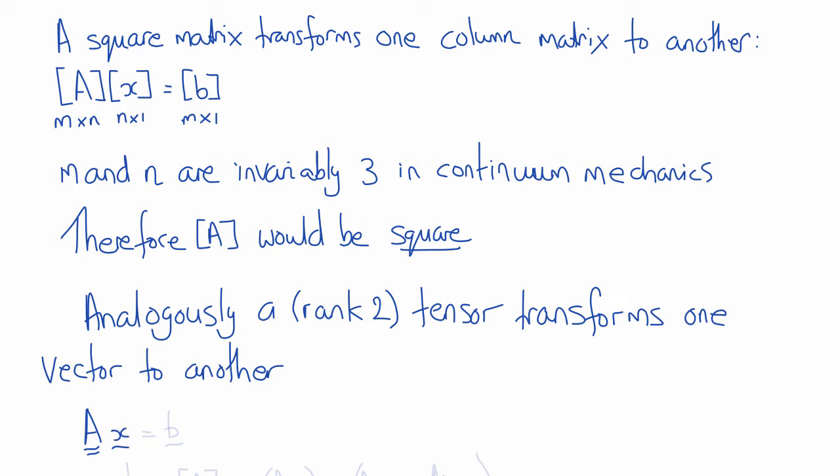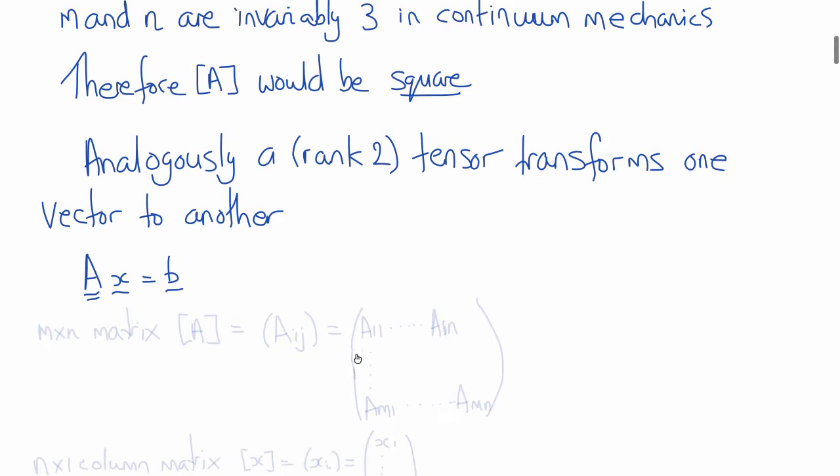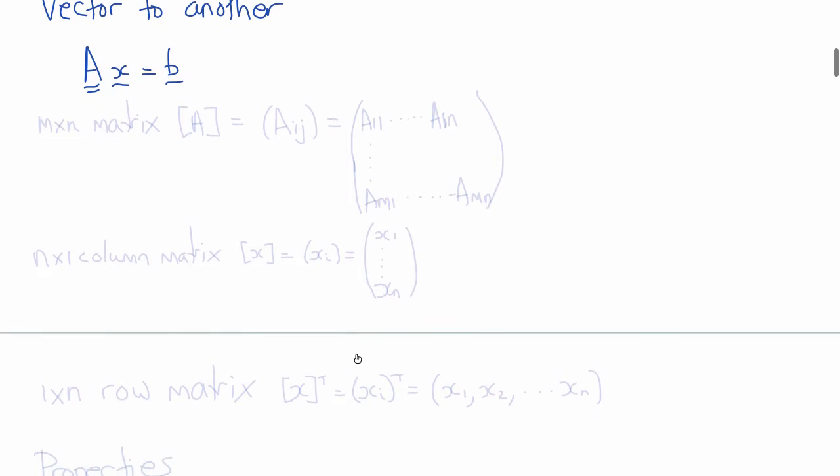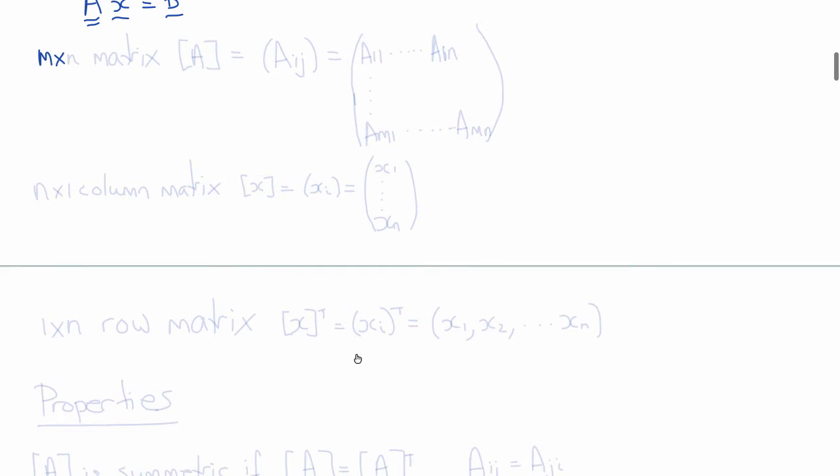So this is another way of telling us that the tensor A is the tensor that maps vector x to vector b, or that the tensor A is defined by two vectors x and b.